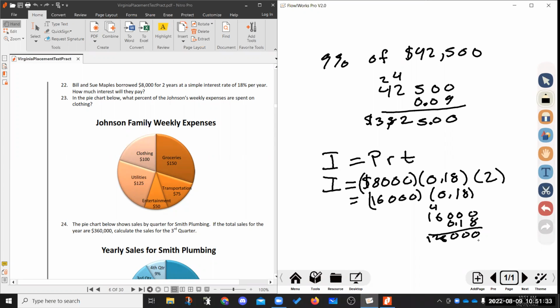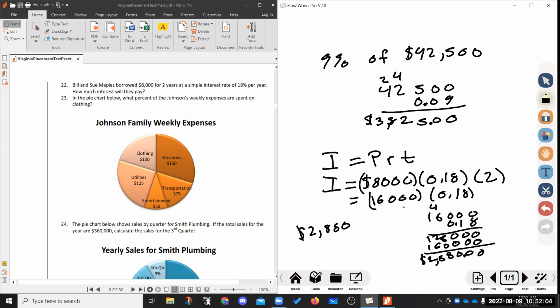I'm going to slide over another place value, get those 3 zeros from the 3 zeros in the problem. 16,000,882, 2 decimal places. So they're going to have to pay $2,880, excuse me, in interest for borrowing this $8,000 from the bank, presumably.